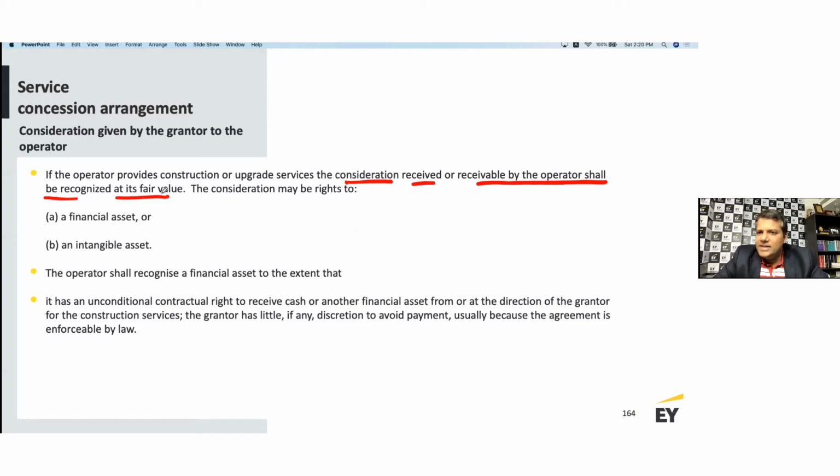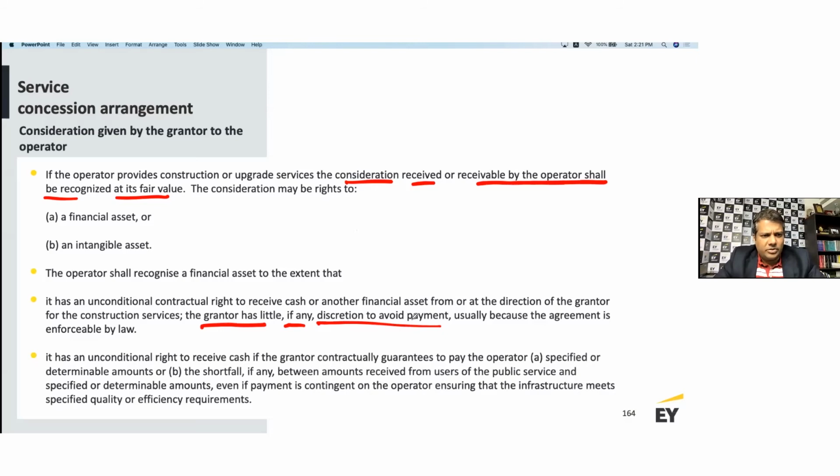The grantor has little, if any, discretion to avoid the payment. That means the government is saying that, look, I'm going to make this much payment to you over the next 20 years, right? For you to build the infrastructure and maintain the infrastructure and let the public use the infrastructure, right?